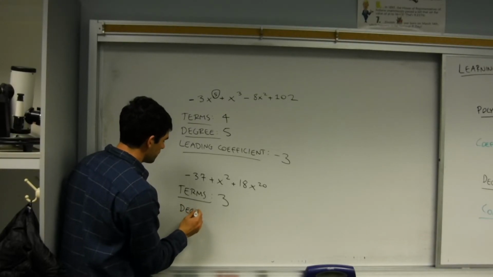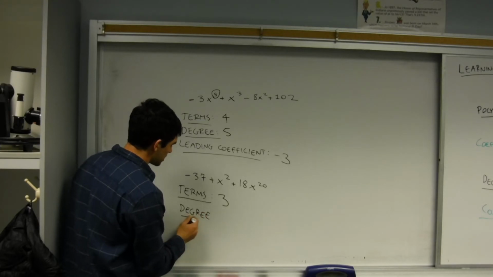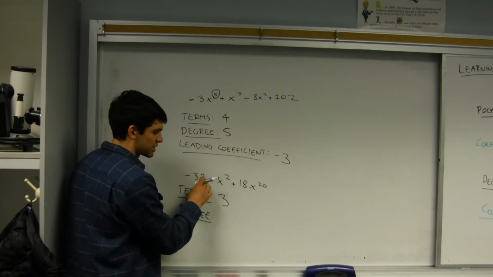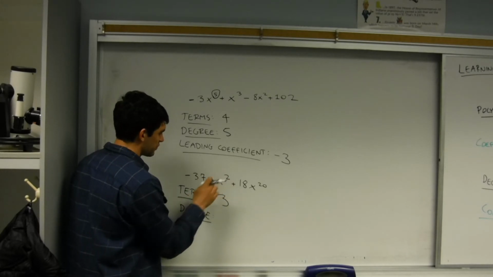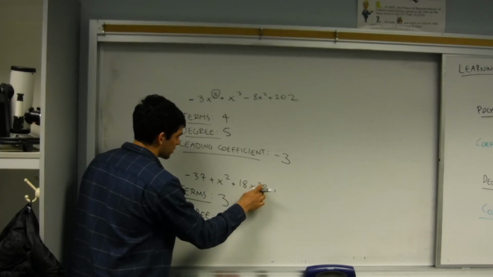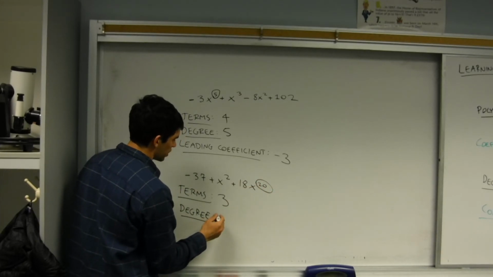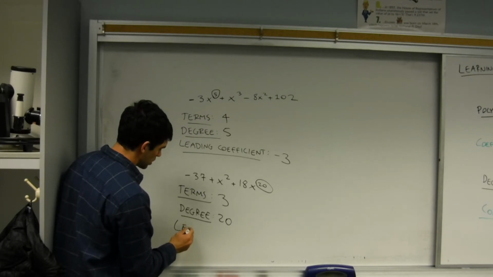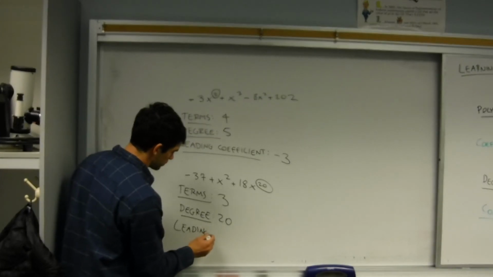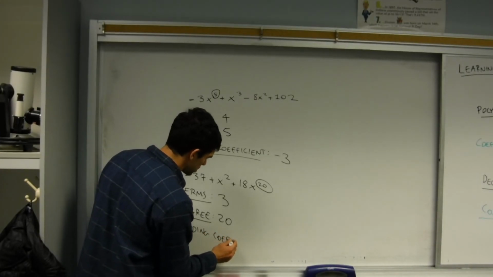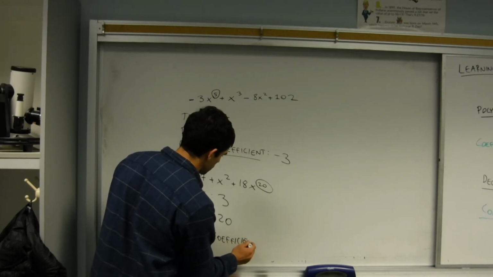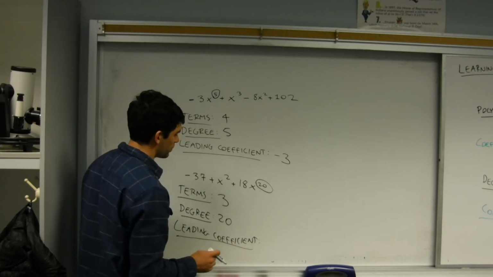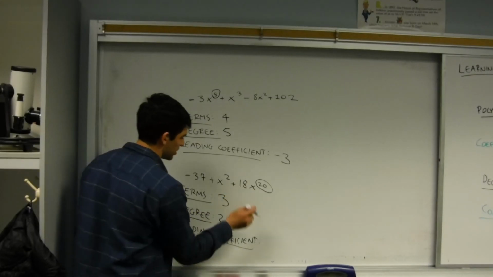Our degree is the highest exponent. This has an exponent of 0 since there's no x. This has an exponent of 2, and this has an exponent of 20. So 20 is our highest exponent, and our leading coefficient is the coefficient of the term with the highest exponent, so that would be 18.